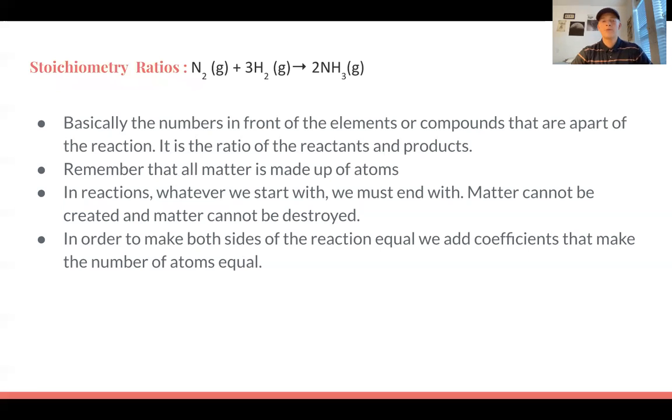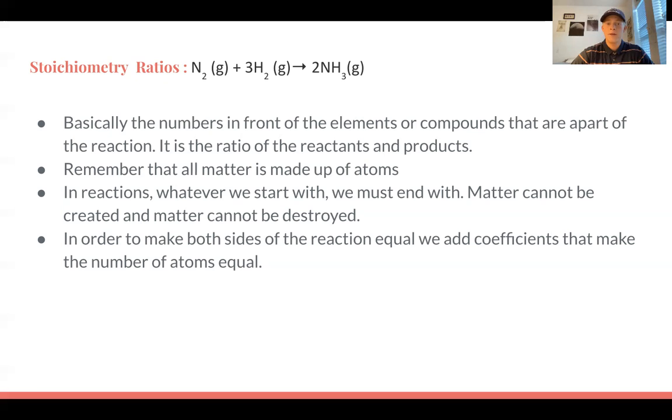And then it's really important to remember that all matter is made up of atoms. So we know that the stoichiometry ratios represent atoms of the elements or atoms of the compound. And we also know in reactions, whatever we start with, we also must end with.